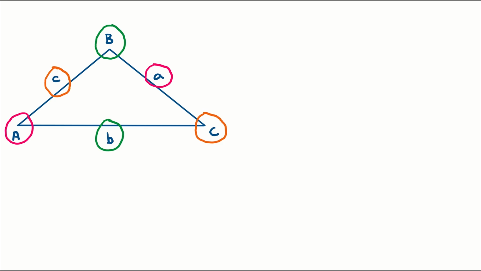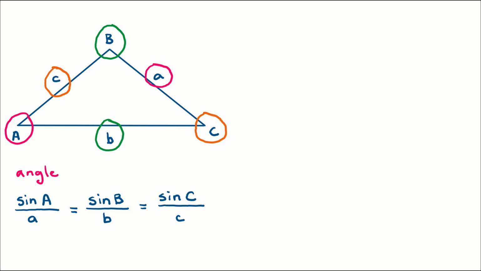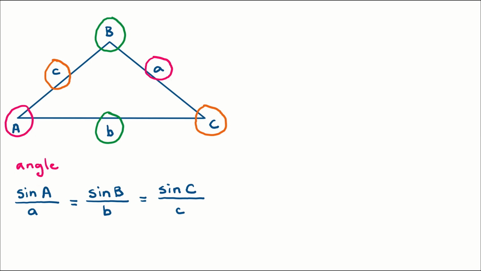So if we look at how our formula looks, we have a formula to find an angle, and that formula is sine of A divided by side A is equal to sine of B divided by side B, which is equal to sine of C divided by side C. If we were to use this to find a side, we would put the sides on top of this formula.